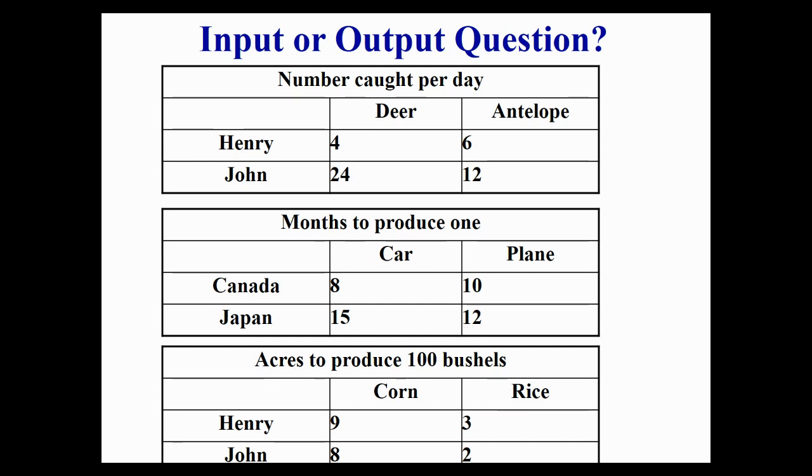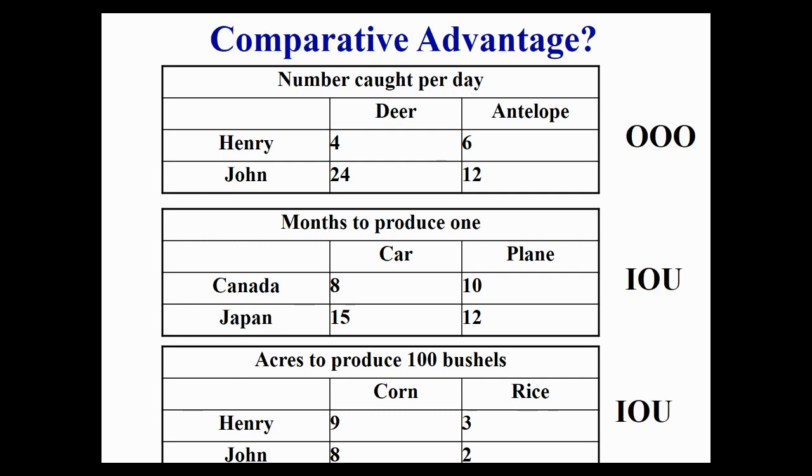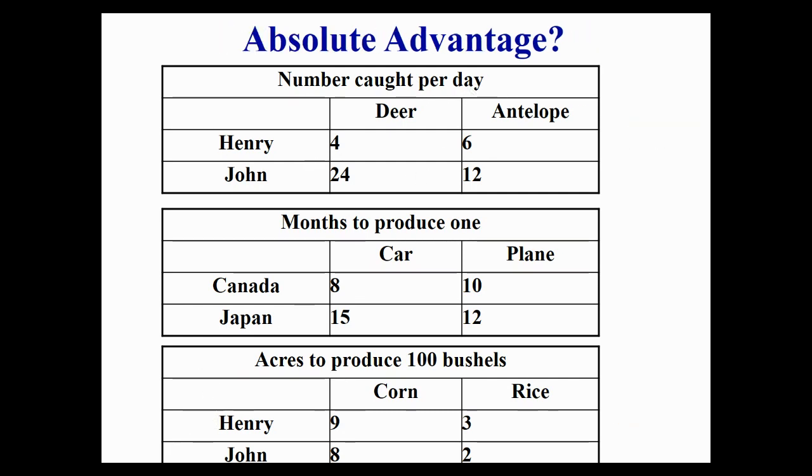Okay. So is there an absolute advantage? If this is output, we'd say John is better at deer, and Henry is better at antelope. If it's input, it's actually the lesser number that has absolute advantage.